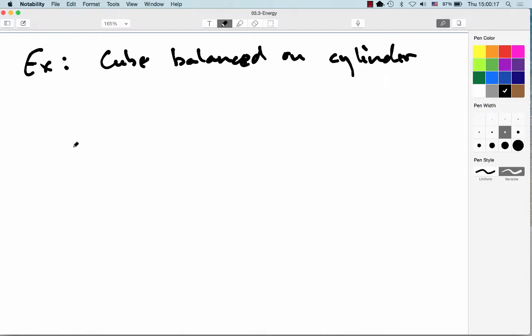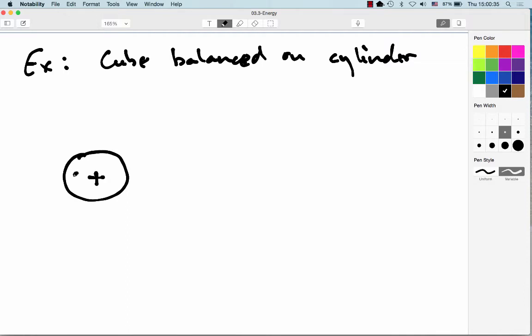This is just supposed to be pushed off a very small angle. If I push it off a very small angle, you won't be able to really read what I'm doing, so just bear with me. So here's my cylinder.